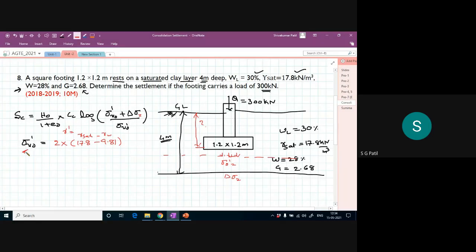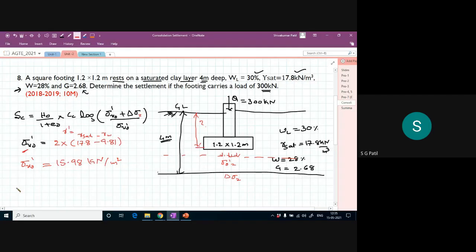Submerged density into your depth will give me your effective vertical stress. Tell me what is the answer, sigma V naught dash? 15.98 kilonewton per meter square.